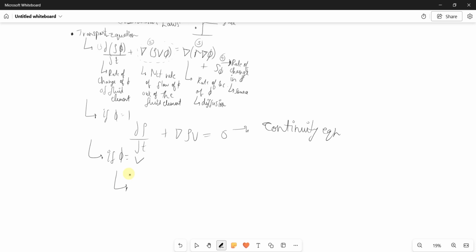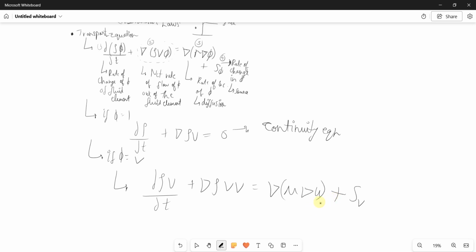So now if your φ is v, you get ∂ρv/∂t plus del ρvv is equal to del Γ del v, plus the source term, that is your S of v, the source term due to v.